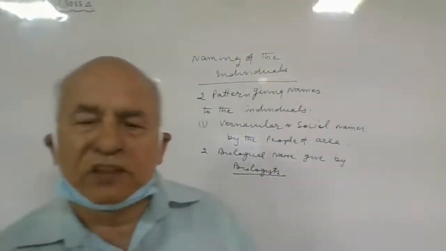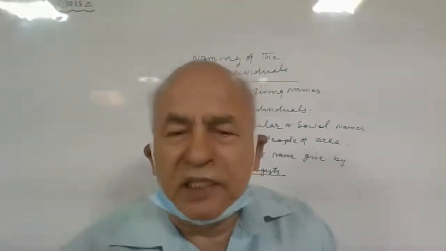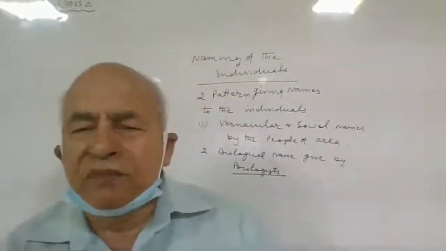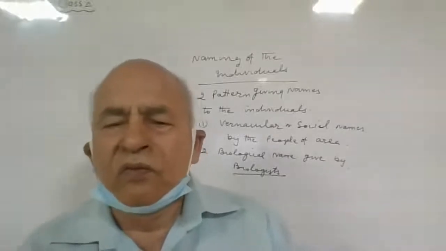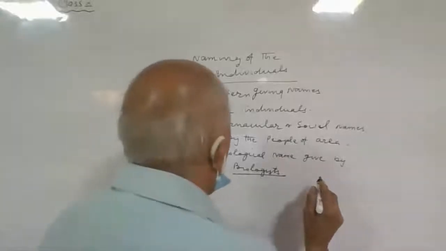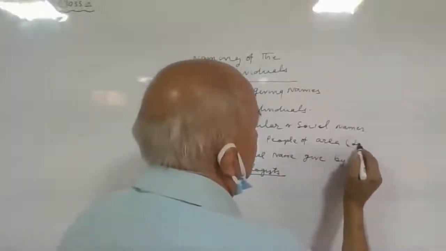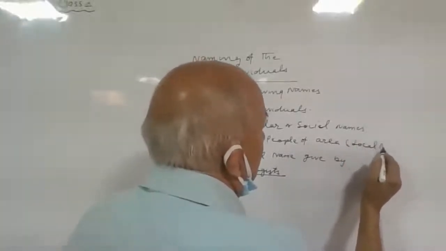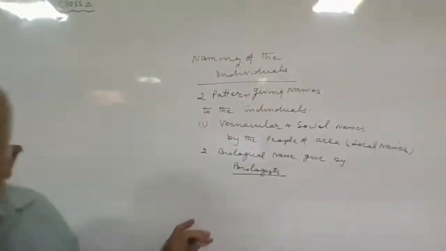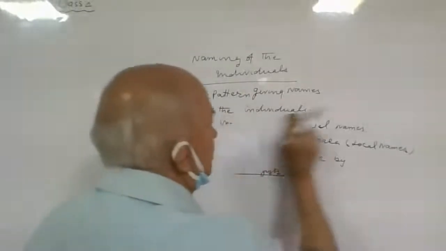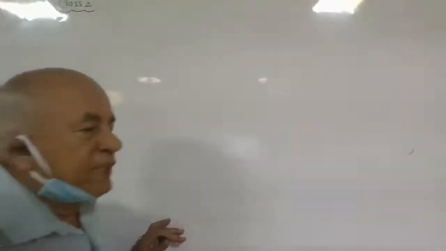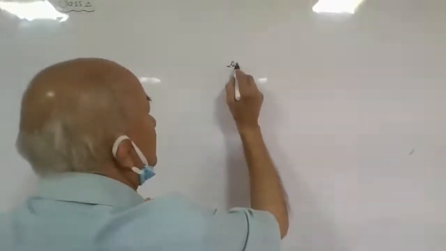The question is very simple: why scientific name and why not vernacular name or local name? They are also called local names. Now, drawbacks of local names.